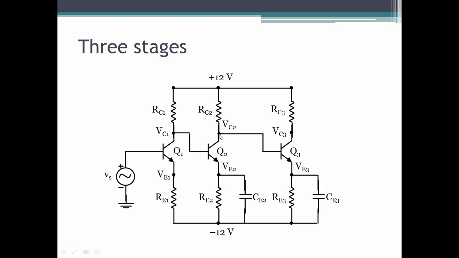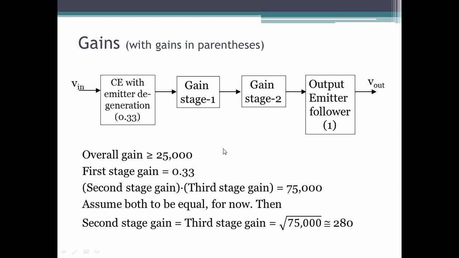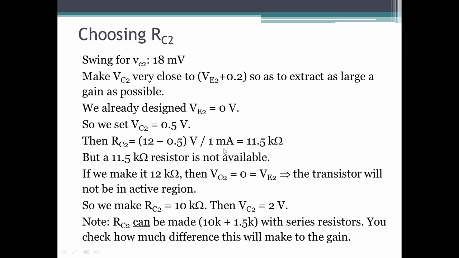This is not permissible. We don't want that to happen because then we'll not get any gain out of Q2. So we cannot make RC2 12 kilo ohms. Let us make it 10 kilo ohms. Alright. If this is 10 kilo ohms with a 1 milliamp, VC2 will be 2 volts.